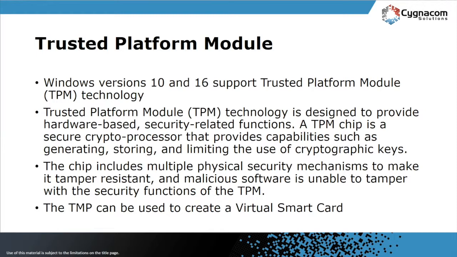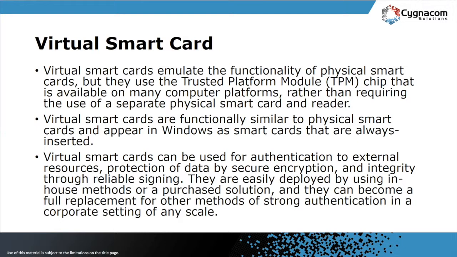One of the functions that we can use with this TPM is we can create a virtual smart card. Virtual smart cards emulate the functionality of physical smart cards. However, those virtual smart cards are actually containers within a trusted platform module. These virtual smart cards are similar to physical smart cards as far as Windows is concerned.